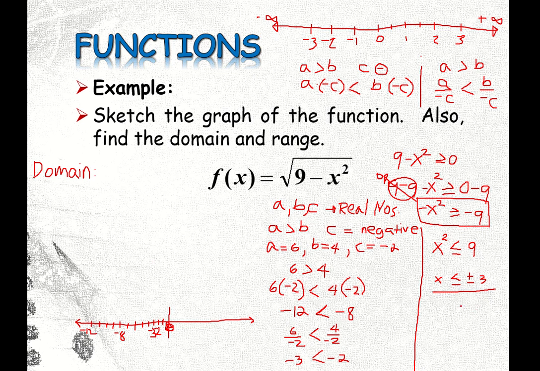We have x. Let's consider minus 3, positive 3. Let's assume values. For example, assuming that you have minus 4 here and you substitute it here. So 9 minus 4 squared. Minus 4 squared is 16. So 9 minus 16, negative 7. So cannot be. So the values to the left of minus 3 are excluded in the domain.